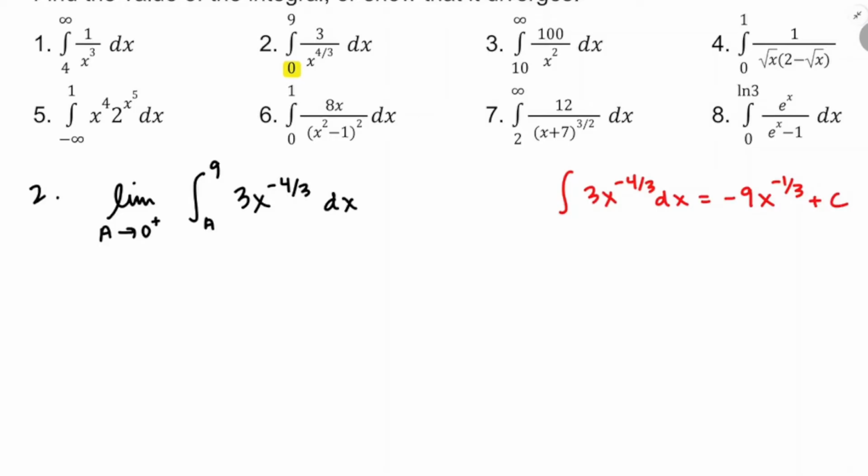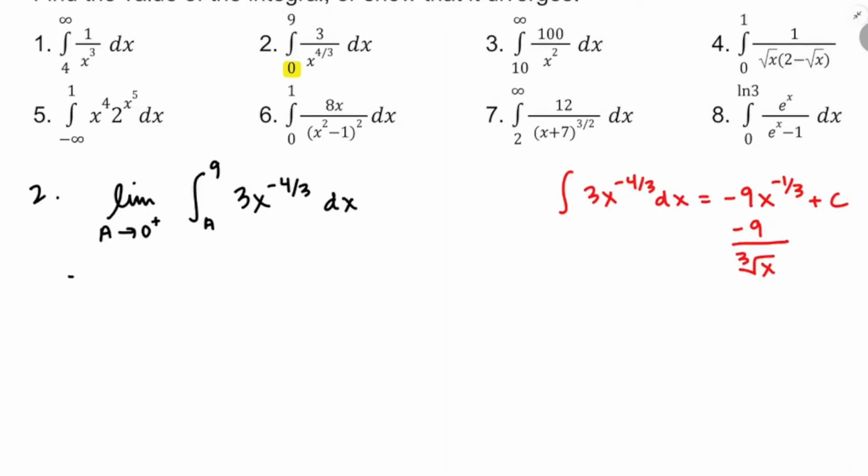Okay, and then, if I'm doing from a to 9, I'm going to say that's negative 9 over the cubed root of x. That's just scratch work anyway.